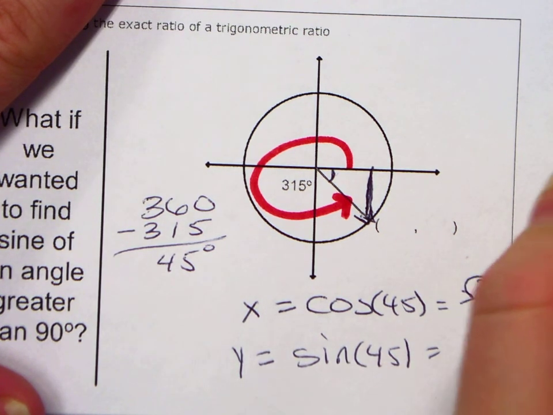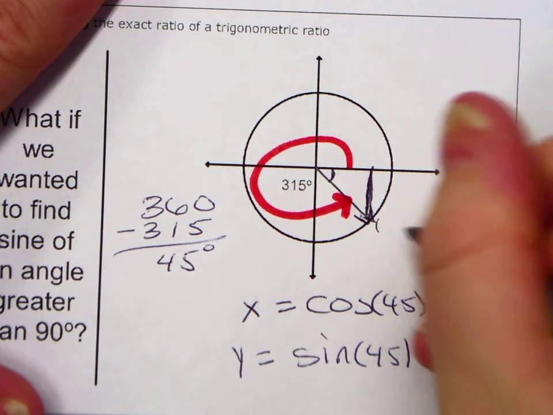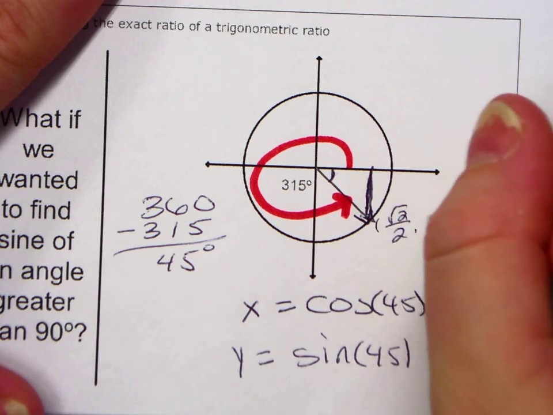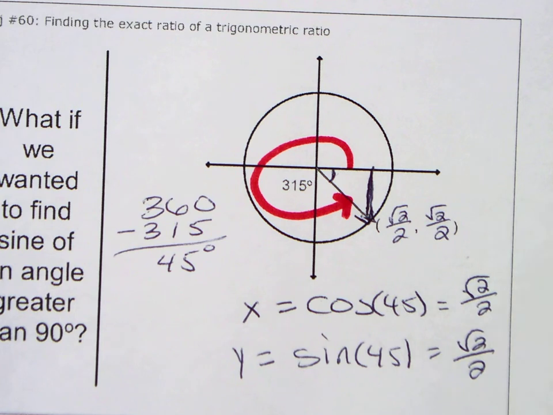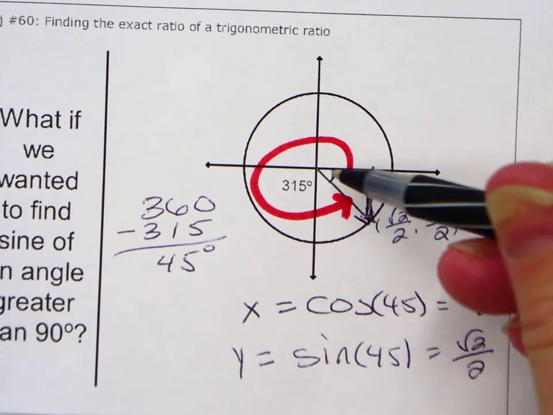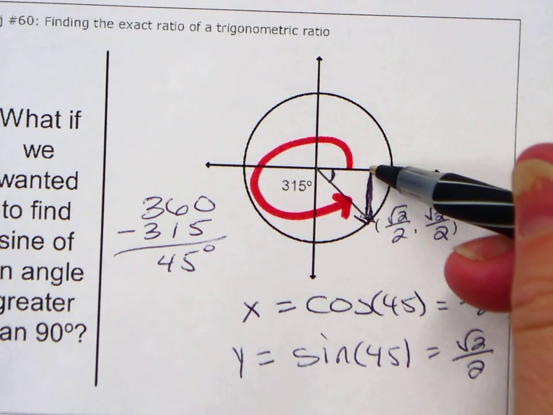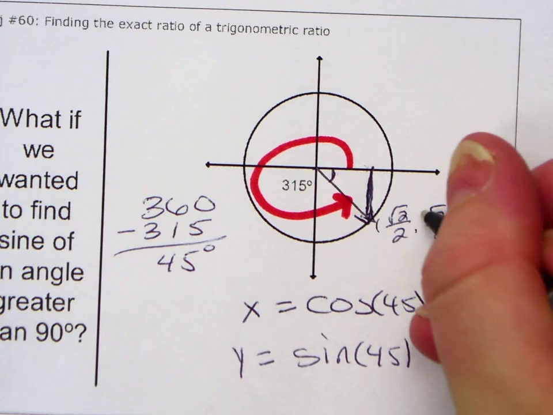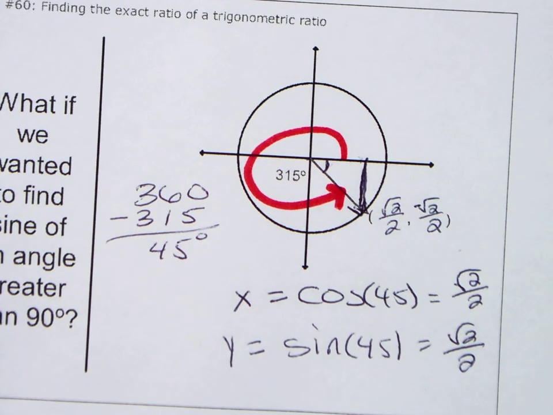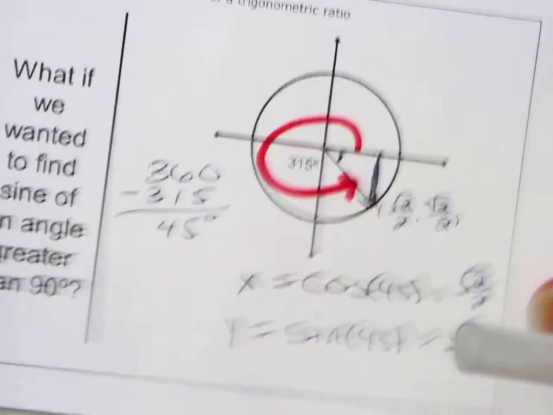Radical 2 over 2, radical 2 over 2. Now, if we're in quadrant 4 this time, what's negative in quadrant 4? Well, we're going over and down, so the y value is negative. Okay? All right, there's two facts now that we have to go over to help you.